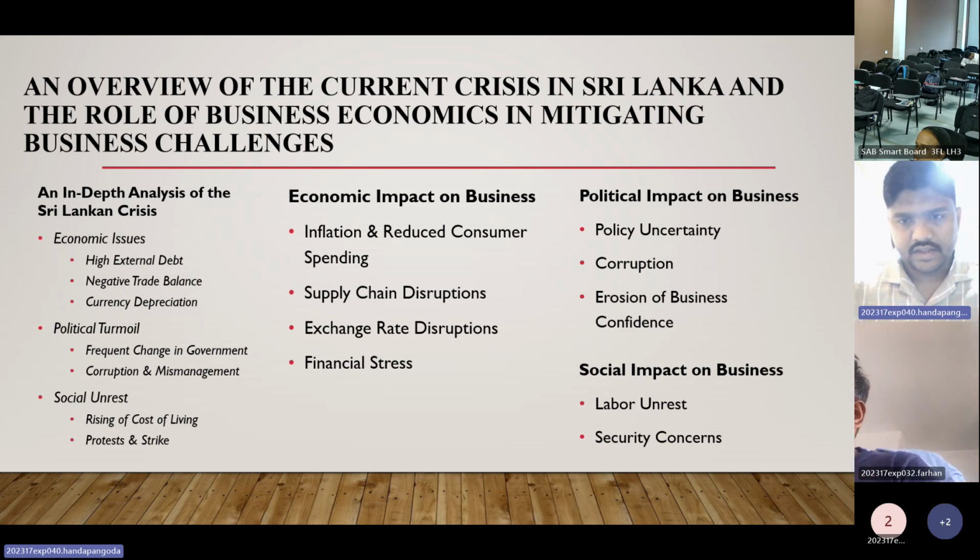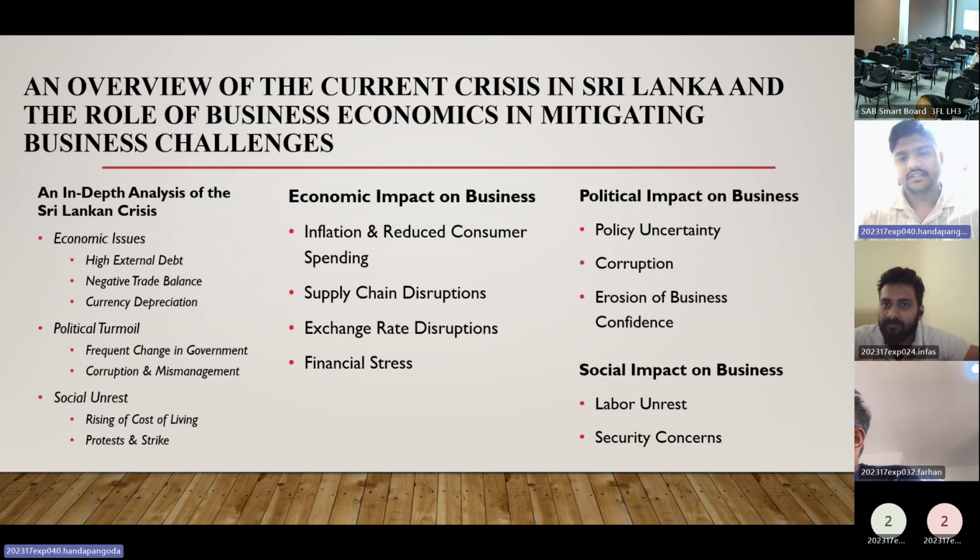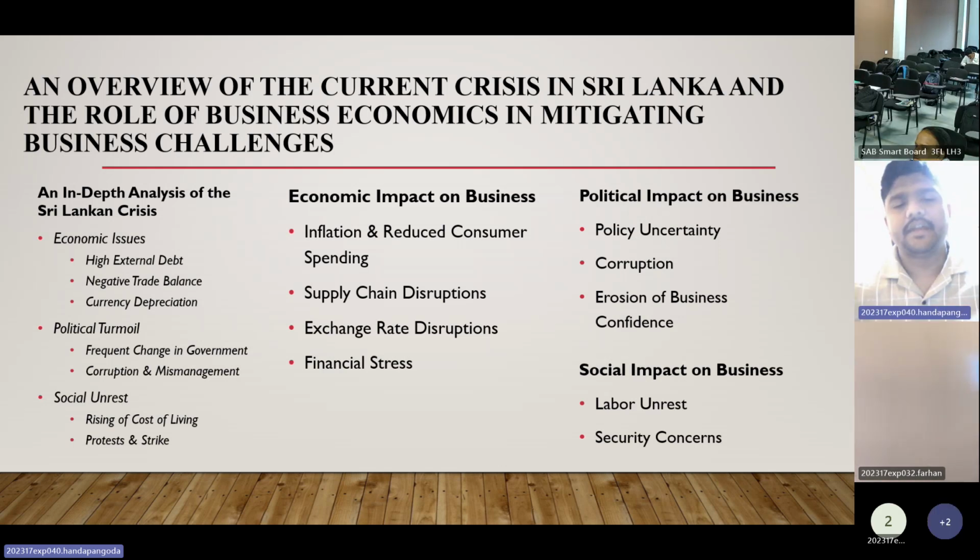Because of these things, we are having inflation, which reduces consumer spending, and our supply chain is also disrupted. Previously we imported cars. Now we suddenly stopped that. Because of that, inside the country the used vehicle price has gone very high. The exchange rate also depreciated.